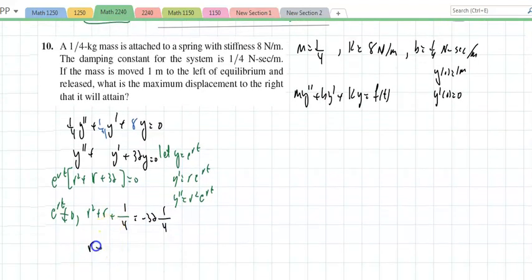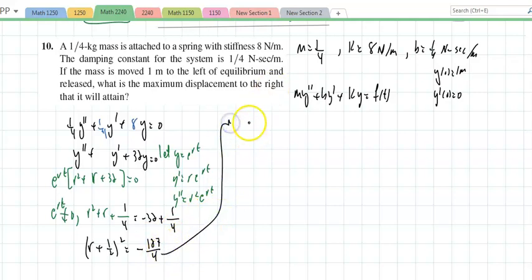And that would mean r plus 1/2 squared equals negative 127 over 4.